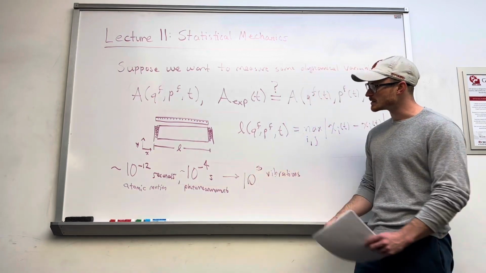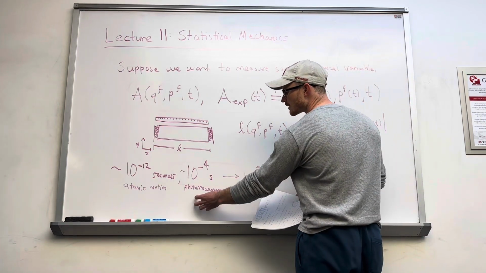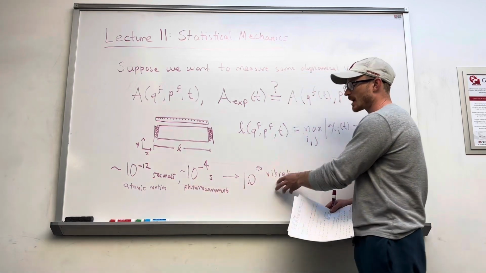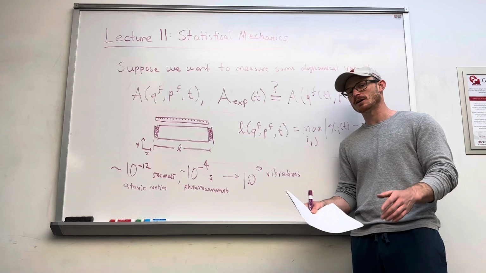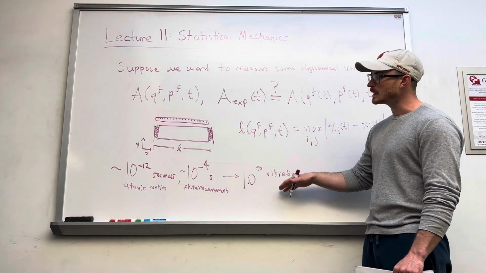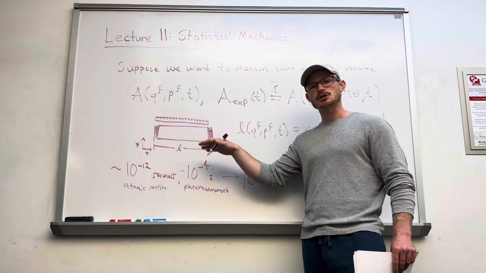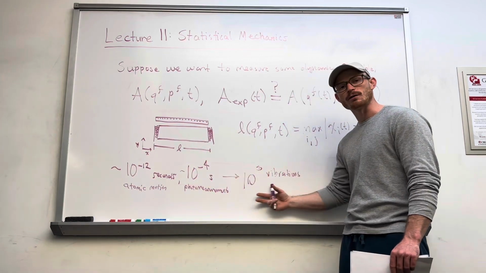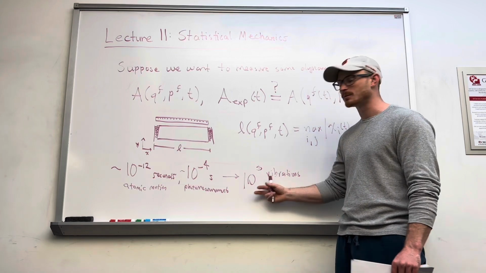So the idea is that even when we go and observe something like this at a macroscopic scale, the atoms have gone through a ton of different configurations that we can't resolve. So what we really observe when we look at a measurement is the average of that measurement over all of these possible states that are in between.